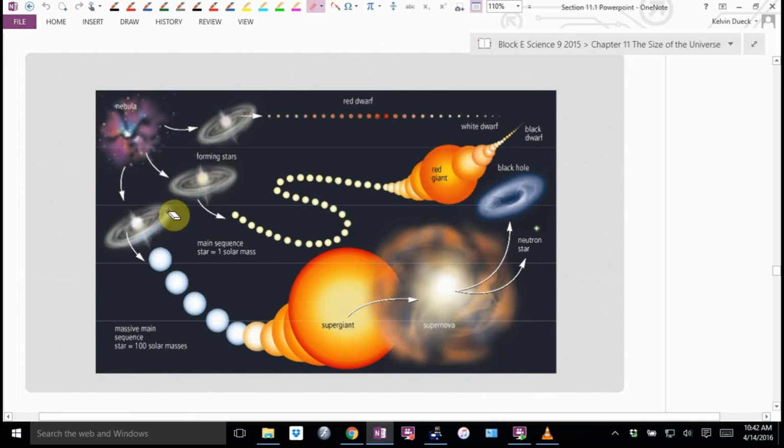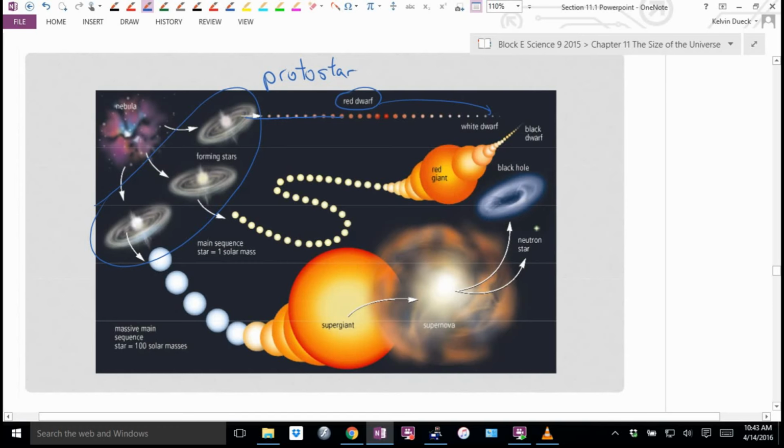But these three here are what we call the protostars. If you have a small protostar, it ends up forming what we call a red dwarf, and then collapsing into what we call a white dwarf, and its life cycle is fairly long.